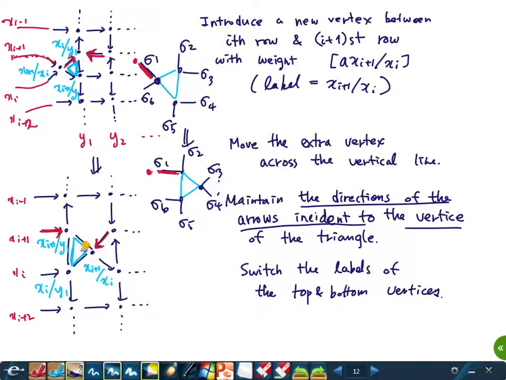Okay, let me rewrite this. So in this case, there are 2 choices for the orientation of the triangle.